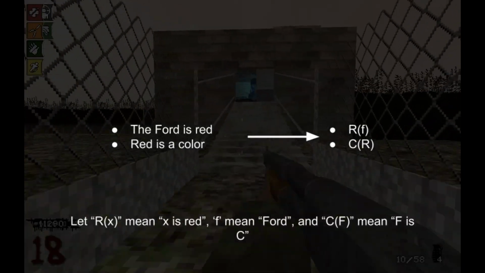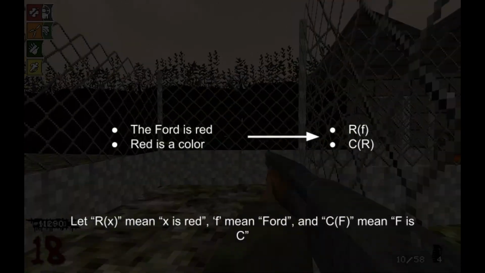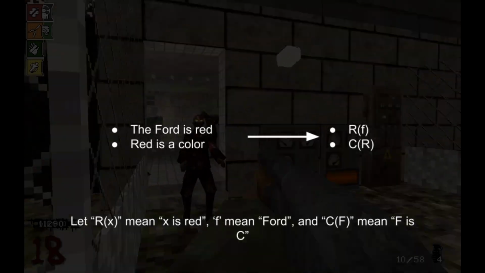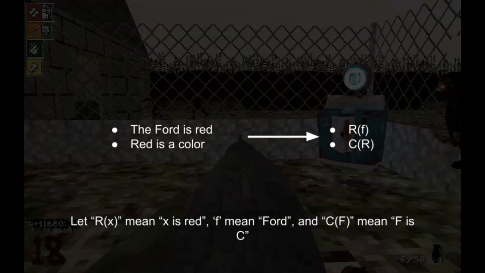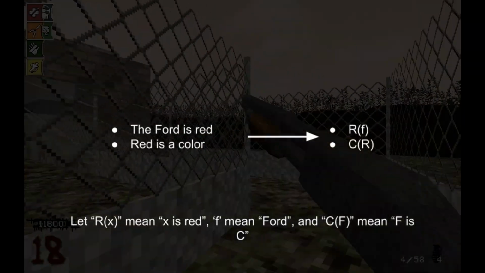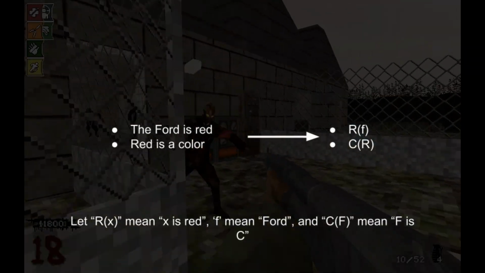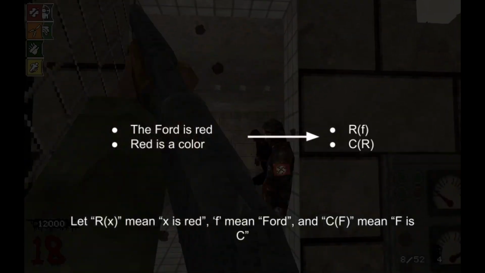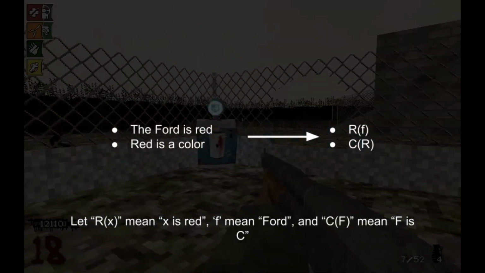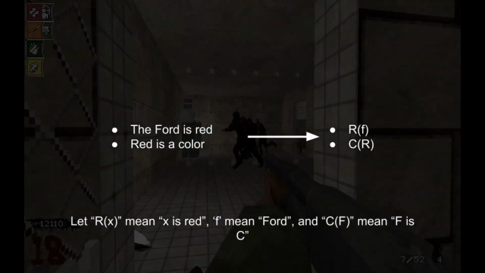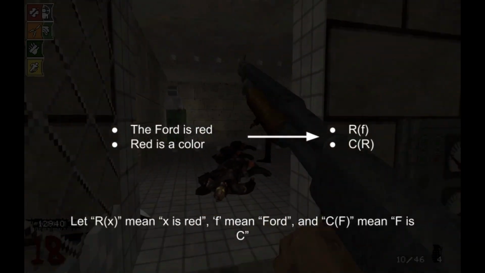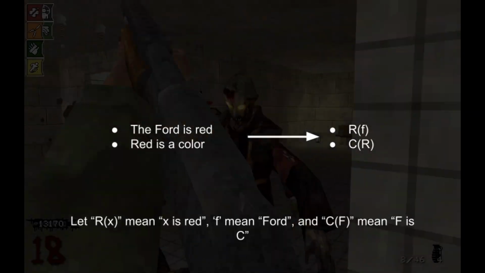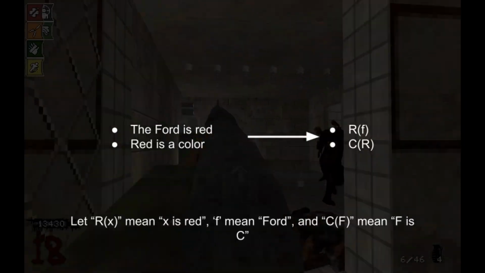Now, one way to fix this is if you just predicate over the predicate. So instead of having a lowercase r to describe a first order object, you now have an uppercase R to describe the predicate, and you're just predicating over the predicate, right? So red is a color, it's just capital C and then capital R, representing R is C, where R and C are both predicates. It's just that now you're predicating over a predicate.